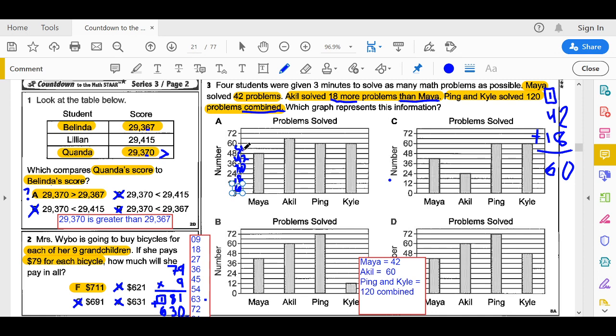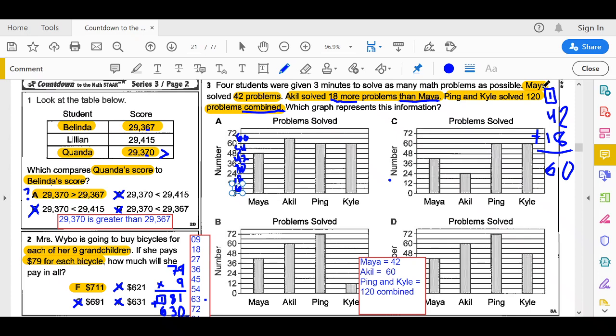Then we have 60, and this one is easy. 60 plus 6 more, that is 66. I'm going to put it right here just to make sure I can see it. Amigos, please make sure that on the paper you're following this. I'm not going to do it in each of them, but you should be doing it in each of them just to make sure that you have the right answer.